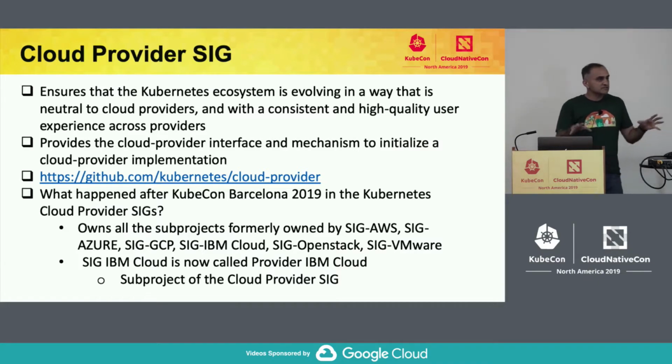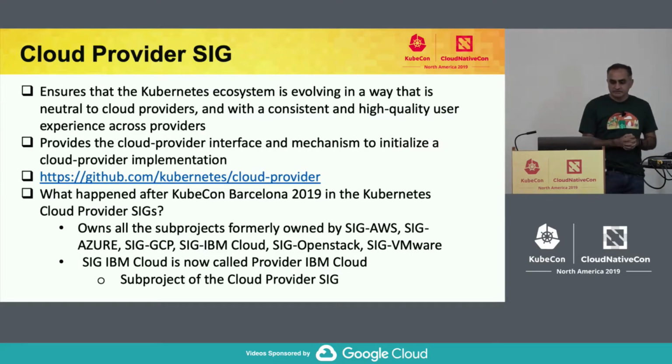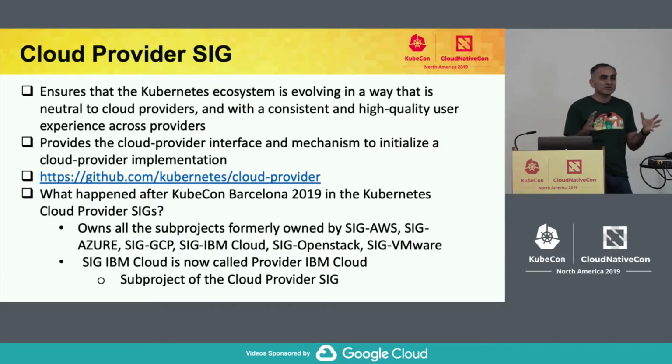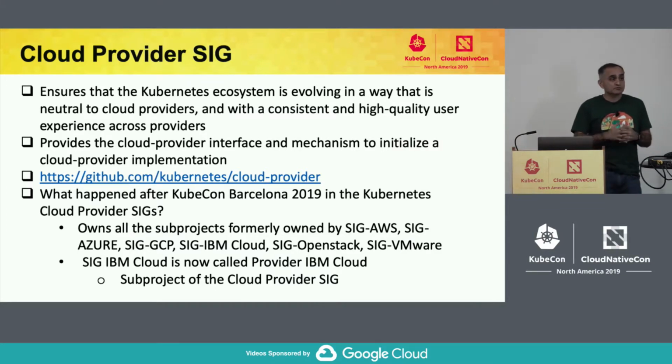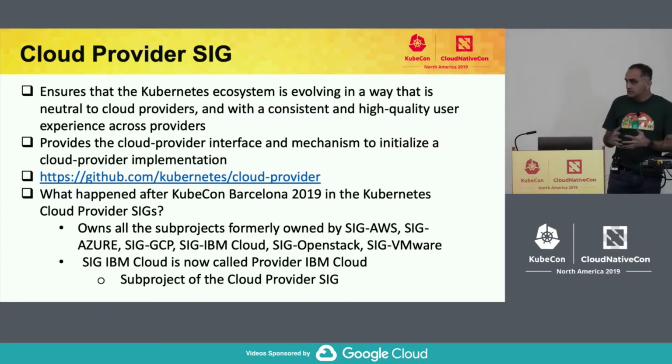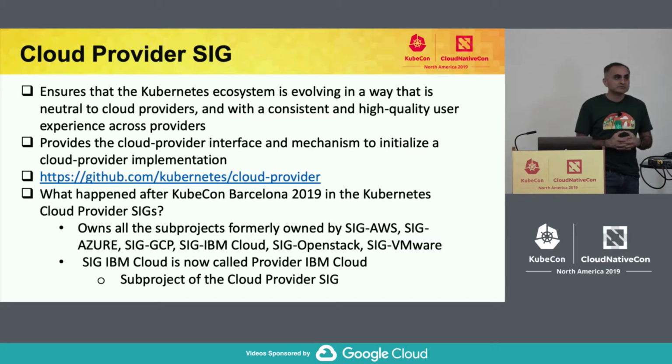So we had different SIGs for these major cloud providers, and like I said, there are many more cloud providers out there. But with this Cloud Provider SIG, the community thought it's a good idea to bring all these SIGs under one umbrella, into one SIG, so that there's better collaboration across the provider members, and we can do our job better, right?